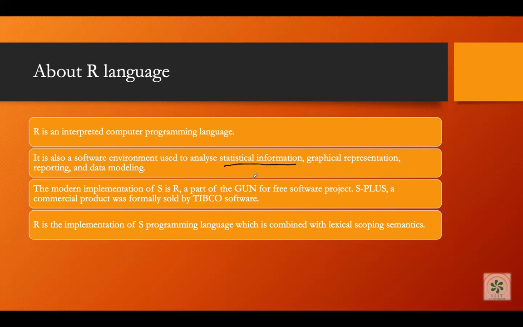The statistical information is more familiar to data scientists. They will play around with statistical data, how we can get knowledge from the data, how we can process the data, and all those things we can easily do with this language. They also let us present the data or the result in graphical form.